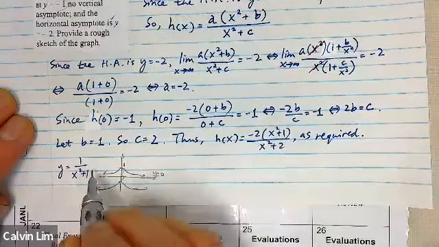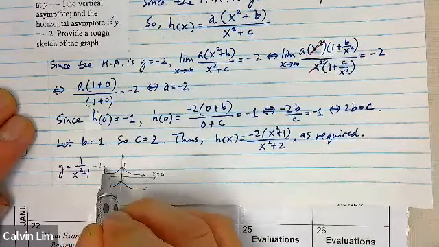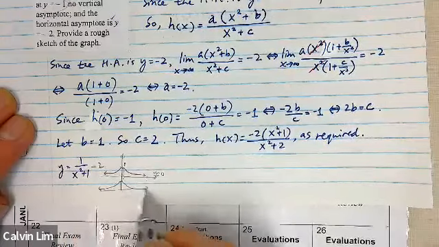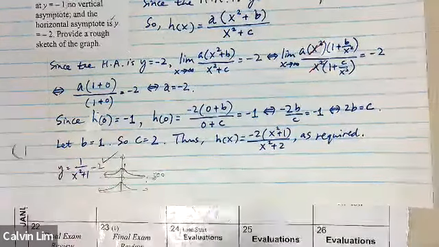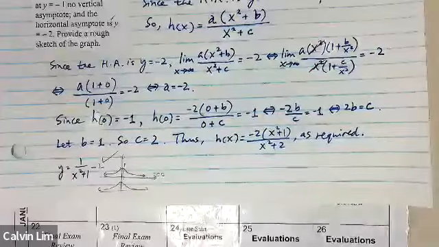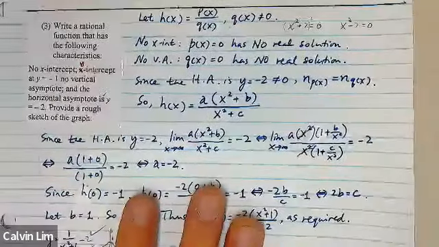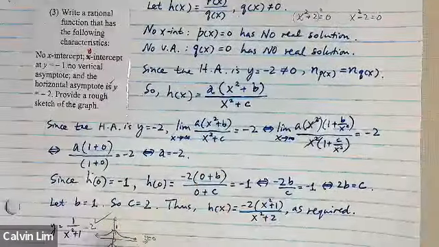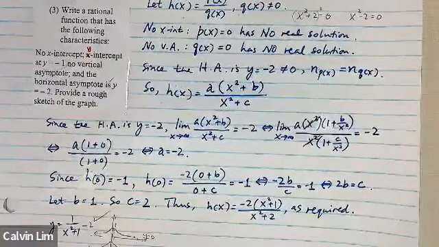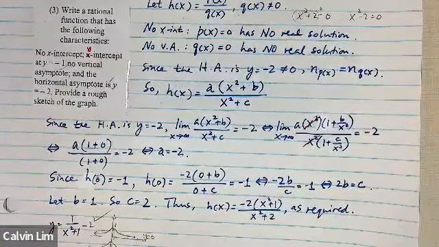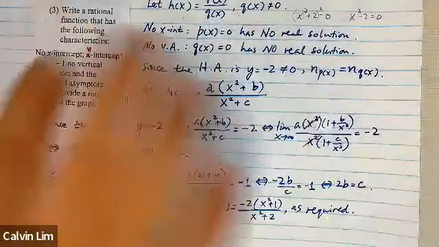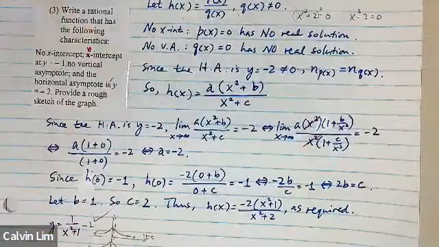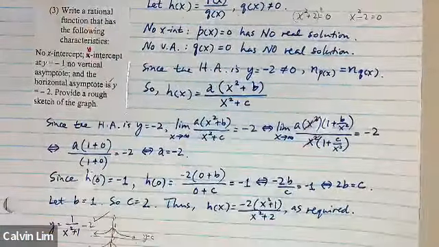If I subtract 2 at every single point, I'm going to get this graph. This is also okay, but you have to explain it. So you could write 1 over x squared plus 1, minus 2. So this will also give you that. Slightly different, but it's the same. It would satisfy all of that.